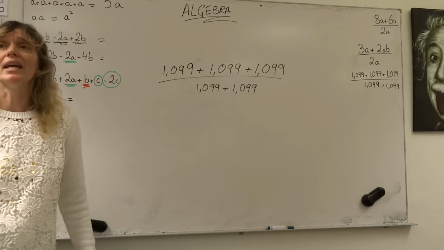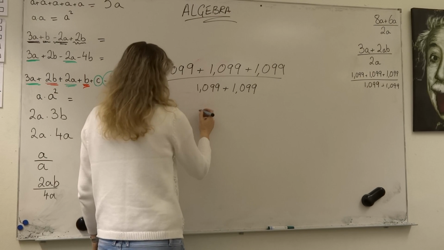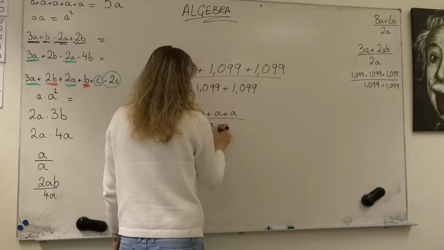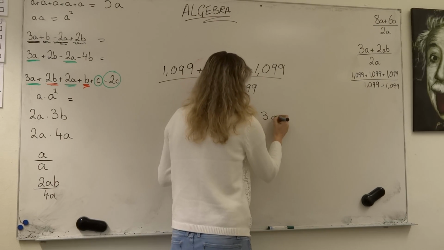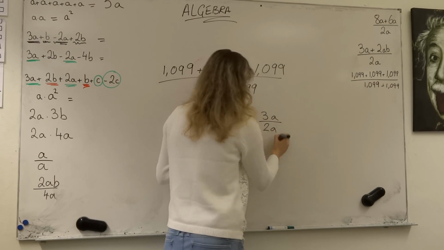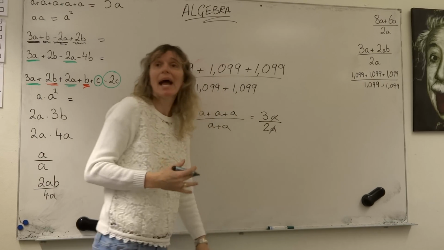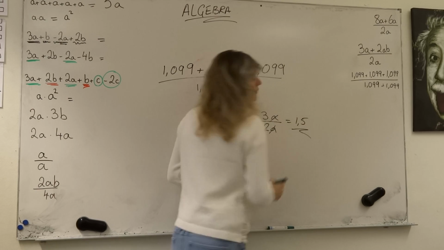Let's exchange 1.099 with a. So what have we got on the top here? We've got a plus a plus a divided by a plus a. So on the top we have 3 lots of a, and on the bottom we have 2 lots of a. So the letter a actually cancels, and we get equals 1.5.